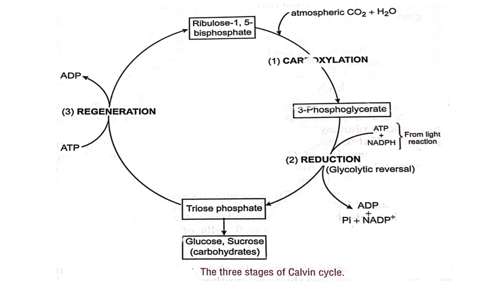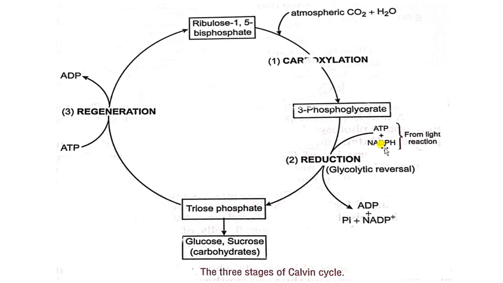The next step is glycolytic reversal or reduction. These are the series of reactions that lead to the formation of glucose. So here you can see the formation of glucose. The steps involve utilization of 2 molecules of ATP for phosphorylation and 2 molecules of NADPH for reduction per CO2 molecule fixed.